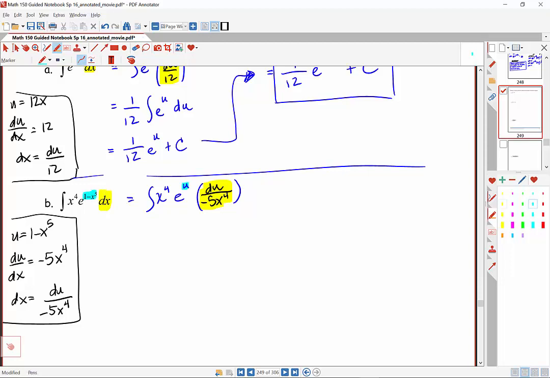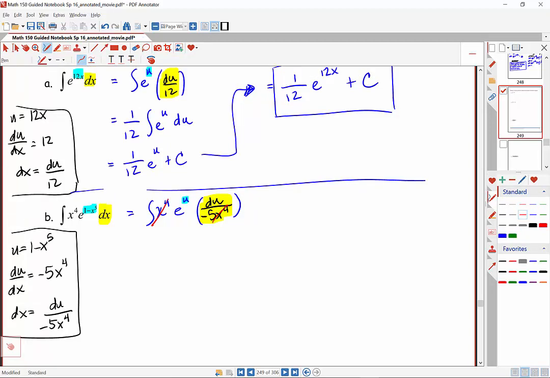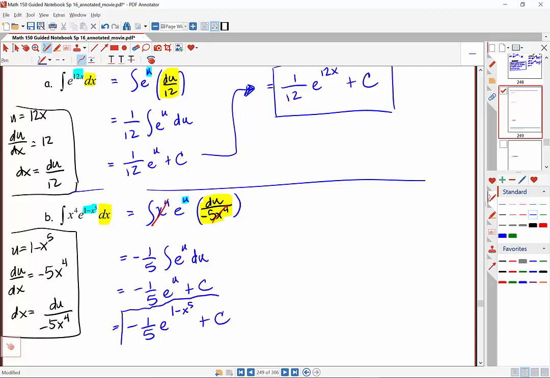Fortunately the x to the fourth divides out completely, and so this is going to be negative 1/5 times the integral of e to the u du, which gives us negative 1/5 times e to the u plus c, and we'll have negative 1/5 times e raised to the 1 minus x to the fifth plus c. How's it going so far? Good.